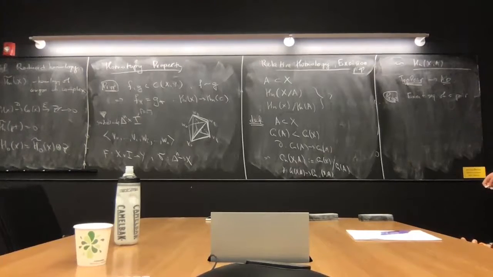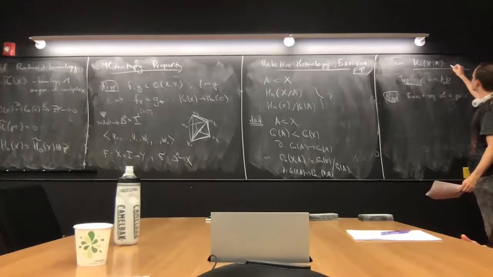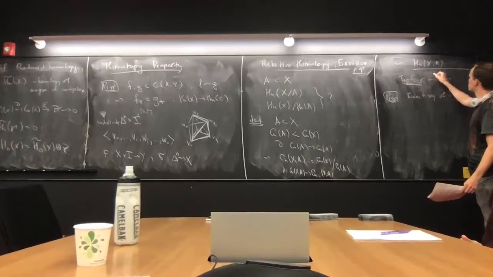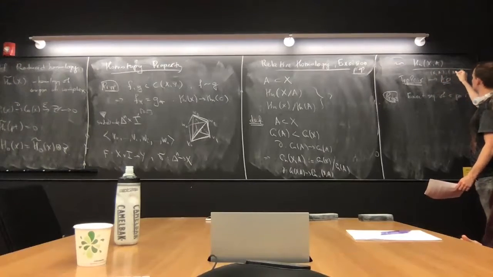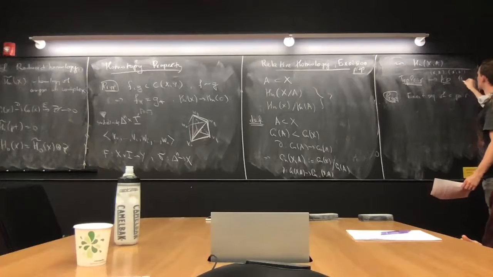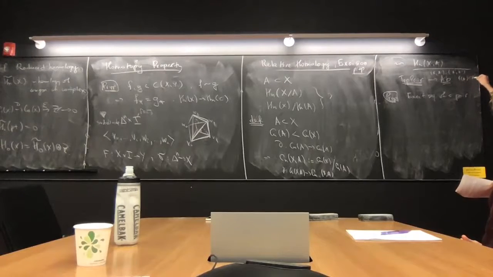If I have two pairs, X, A and X prime, A prime, then f of A has to be in A prime, so that the factors are well defined.